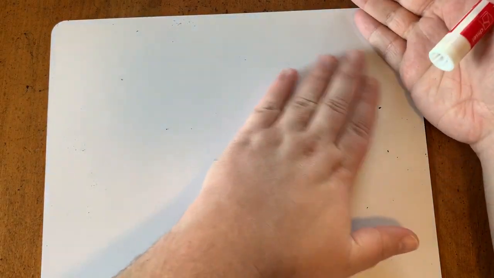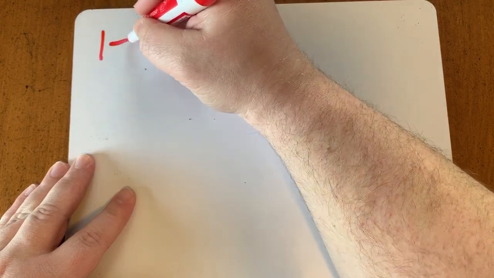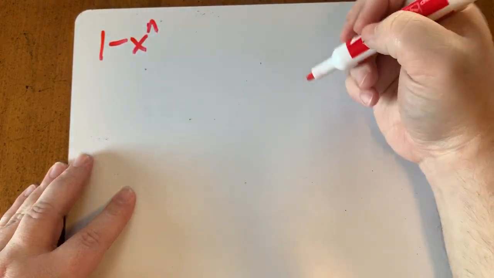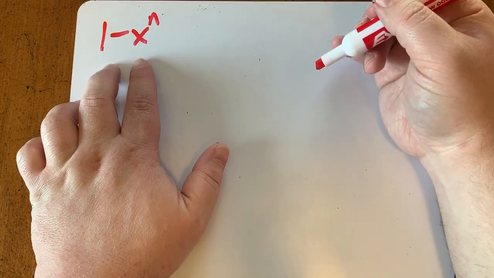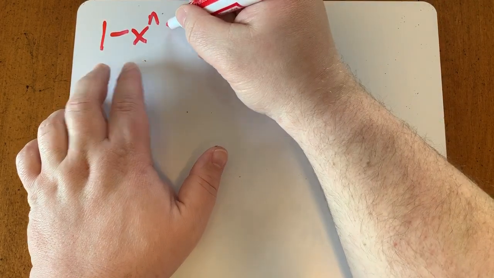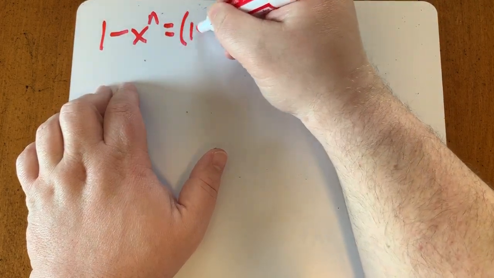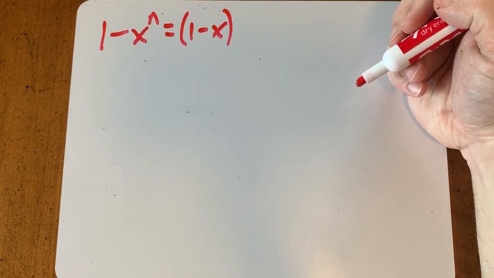What we're going to need to do is think back to our polynomials. And a very, very basic polynomial: 1 minus x to the n. Now this binomial is factorable. And one of the factors of it is always 1 minus x. It's always 1 minus x.